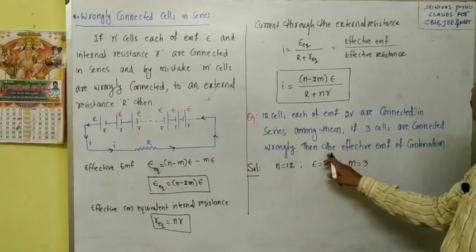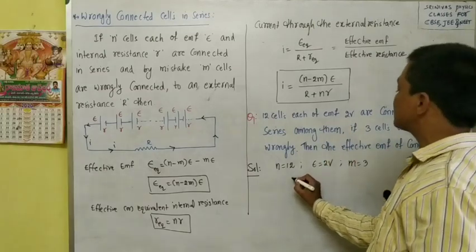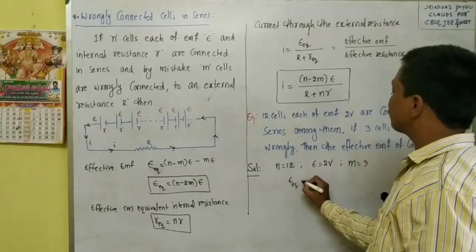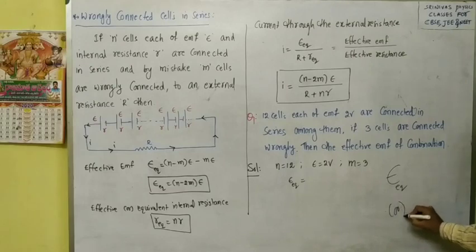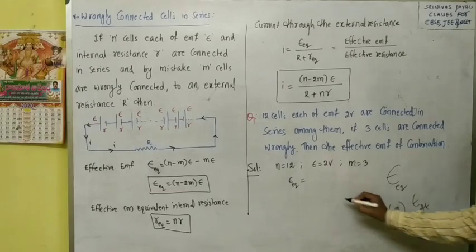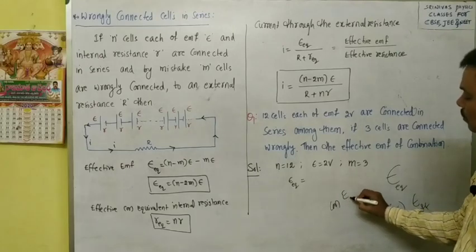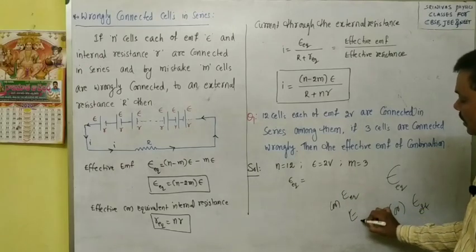The question is to find the effective EMF of the combination. Effective EMF is denoted like this, E suffix equivalent. In some books they write E suffix effective, or capital E equivalent, or capital E effective.